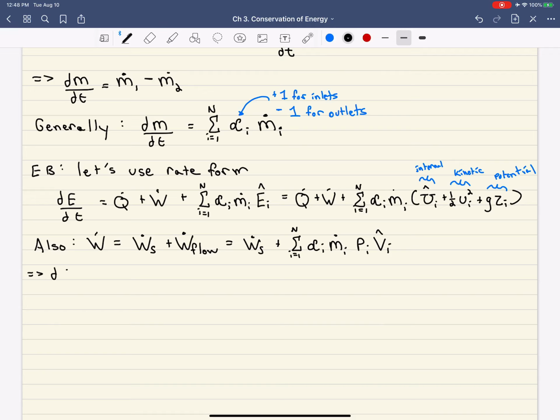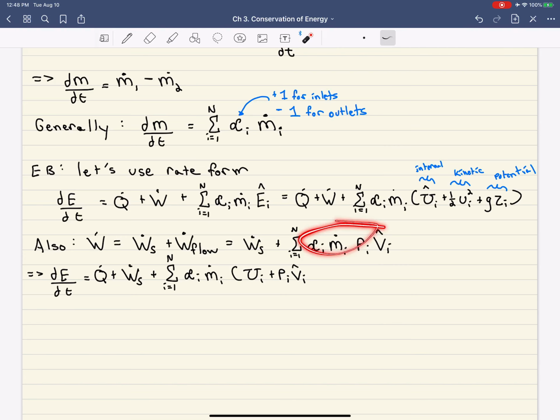So what we have now is dE/dt is going to be equal to Q dot plus shaft work only, and then plus a summation term of alpha_i m_i dot times u_i plus the P_i V_i that we got from the flow work term, and then plus changes in kinetic energy and changes in potential energy as well.